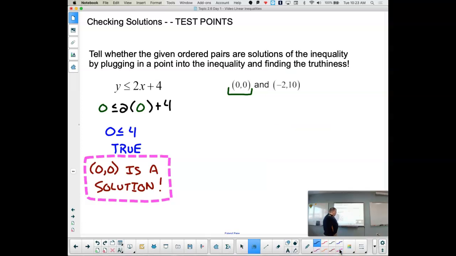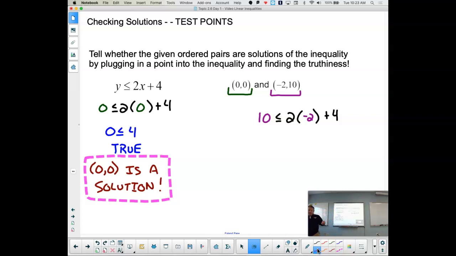Now, let's try another one. Let's try negative 2, 10. Again, in the same inequality. Y is 10, less than or equal to 2 times negative 2 plus 4.